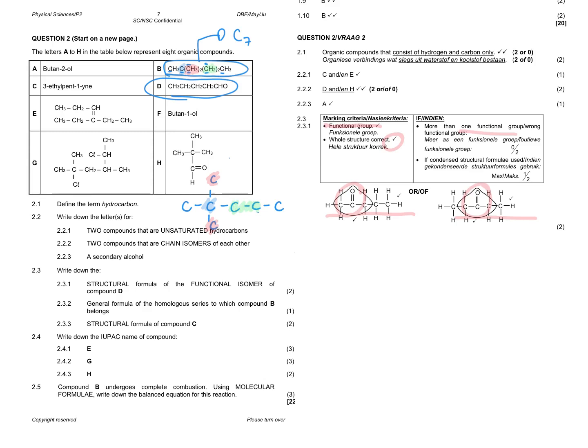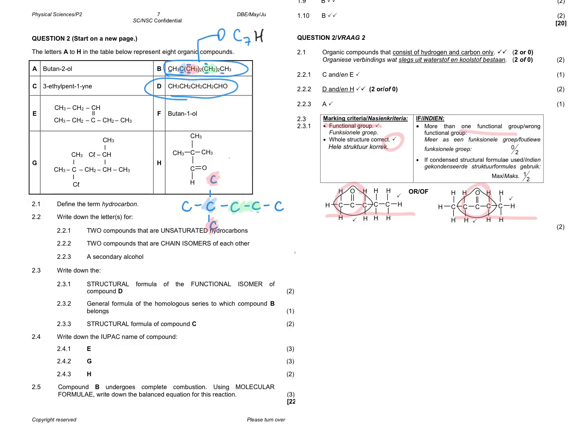So B looks like that thing that I just drew there, but you don't need to draw it in order to answer this question. They want the general formula of the homologous series. It's a hydrocarbon, so basically you know it's going to be an alkane, an alkene, or an alkyne. If you can draw it, it would help, but otherwise you just need to be able to count it.